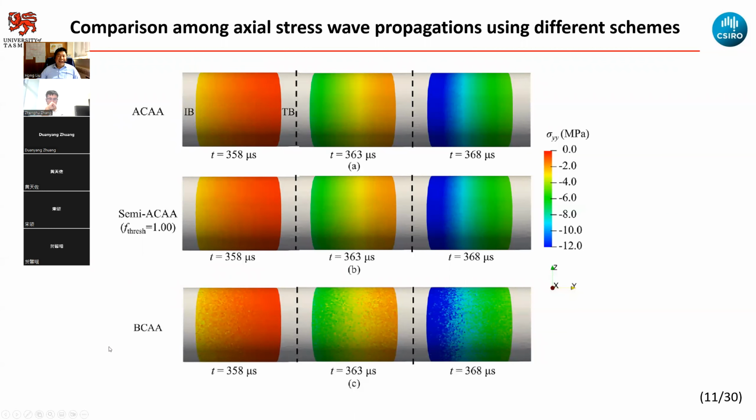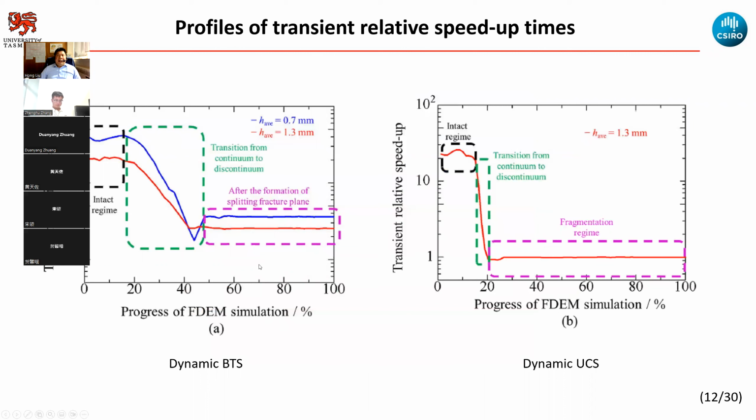But for the BCAA, due to simultaneously applying the repulsive force and the contact force, you get some noise here. The scheme we propose not only overcomes the problem and improves the stress wave propagation, more importantly it also improves the calculation speed.